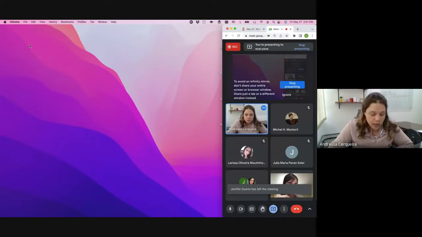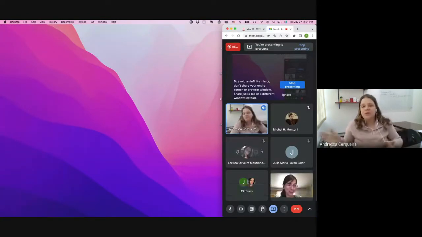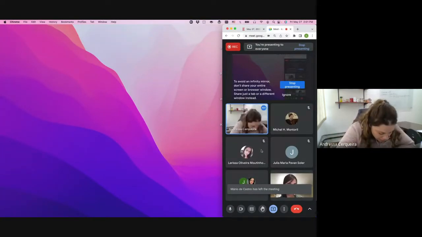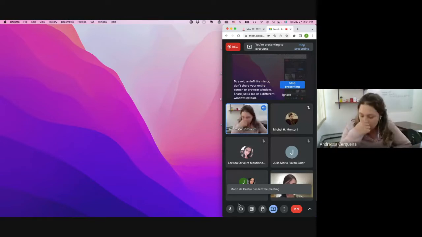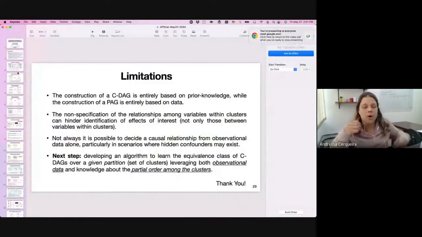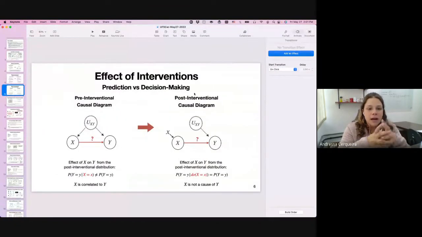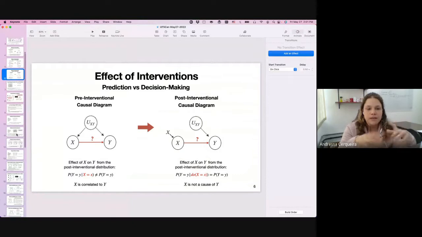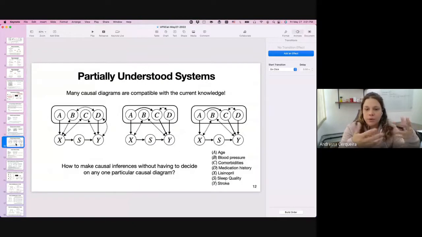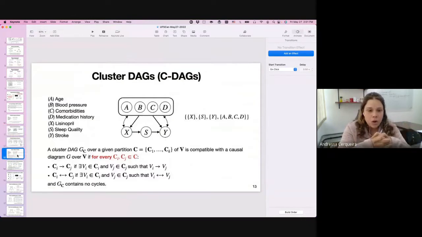So I have a question about the cluster graph that you commented on, because you said that the clusters are constructed with the expert on the area that you are studying, or the area that you have the data. So for example, we construct the cluster with the variables that we don't know the edges between, right?